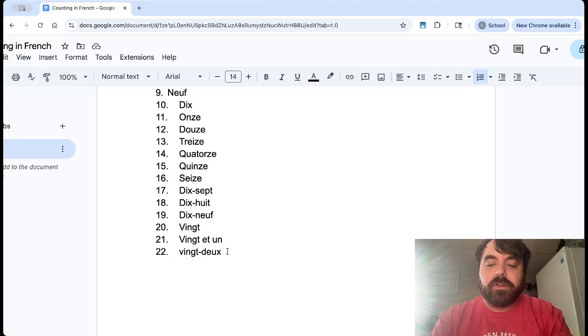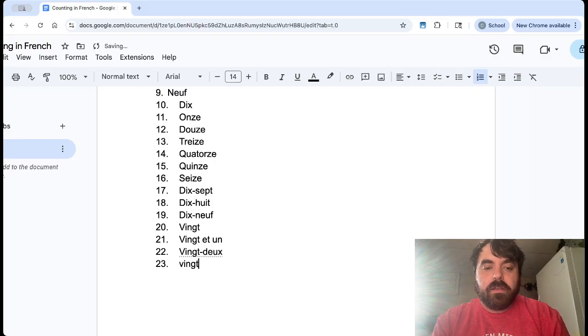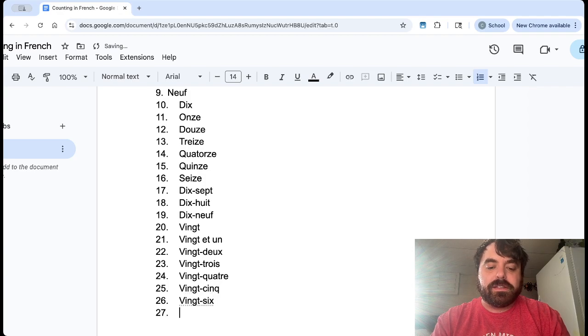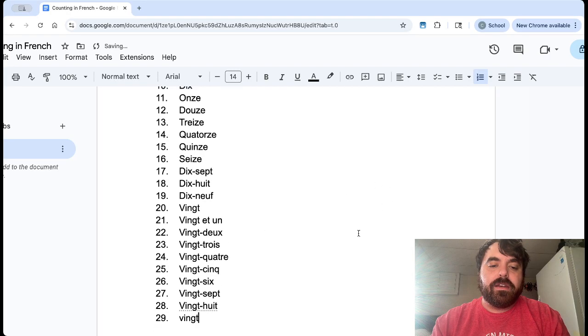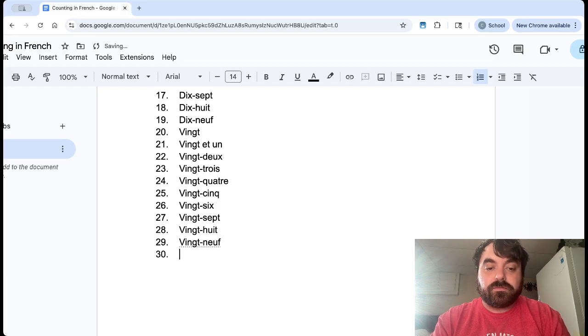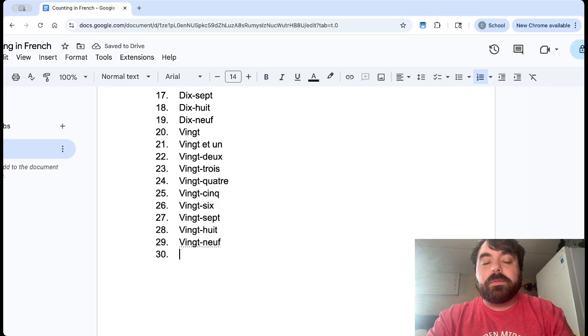So 22 is vingt-deux, 23 is vingt-trois, 24 is vingt-quatre, 25 is vingt-cinq, 26, 27, 28, 29. And then when we get to a new tens place number, just like in English, we're going to have a new word for the tens place number. So the number for 30 is trente.